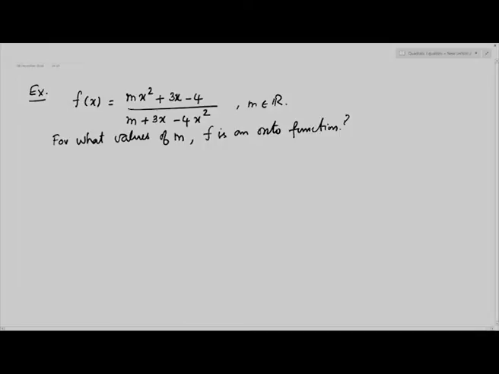For this, first let me just recall the terminology, the onto function.